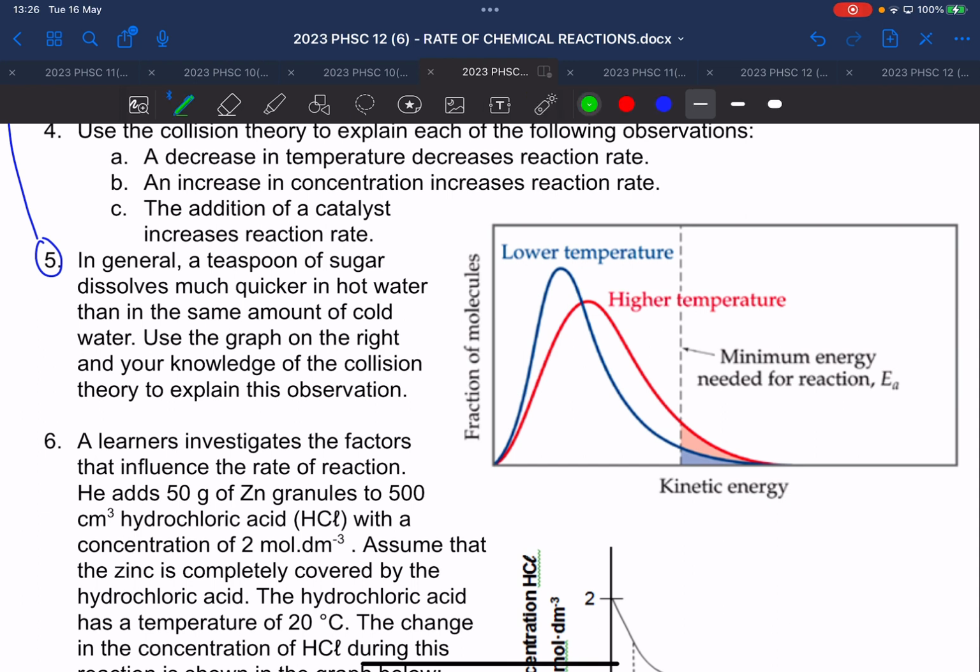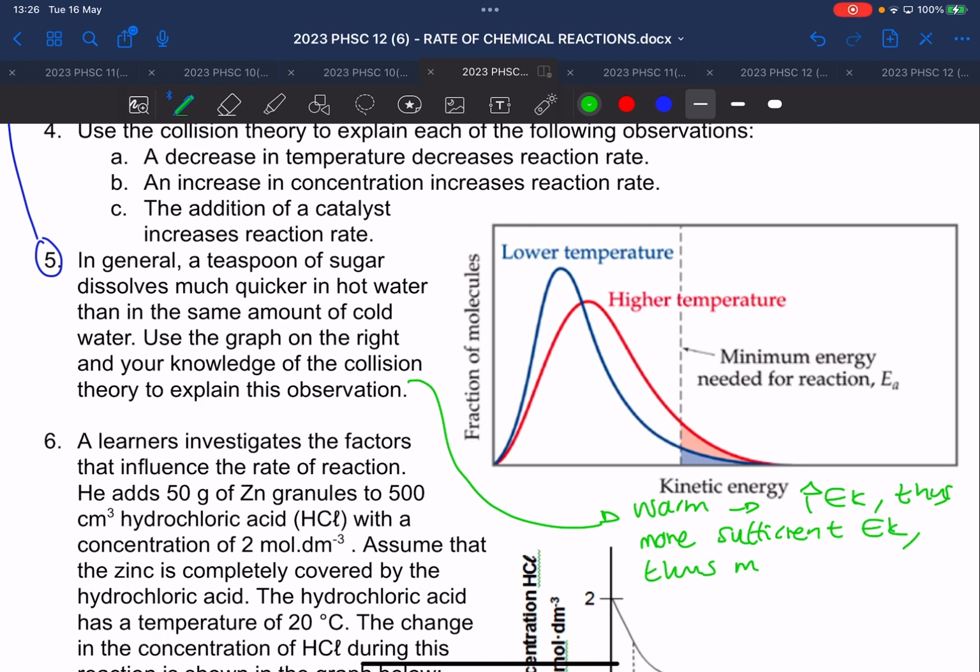Guys, you are 2 lessons behind the Afrikaans class. In warm water, the particles have higher kinetic energy. Thus, more particles have sufficient kinetic energy.